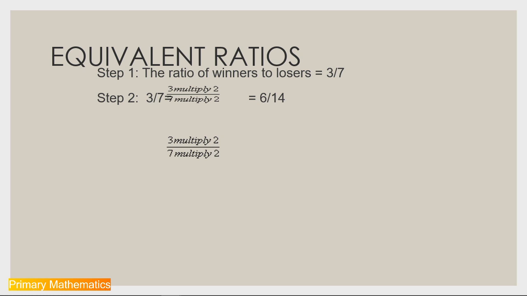In the game, we have 3 winners and 7 losers. I want to write that ratio 3 to 7. We must write our ratio as a fraction when we are finding the equivalent.